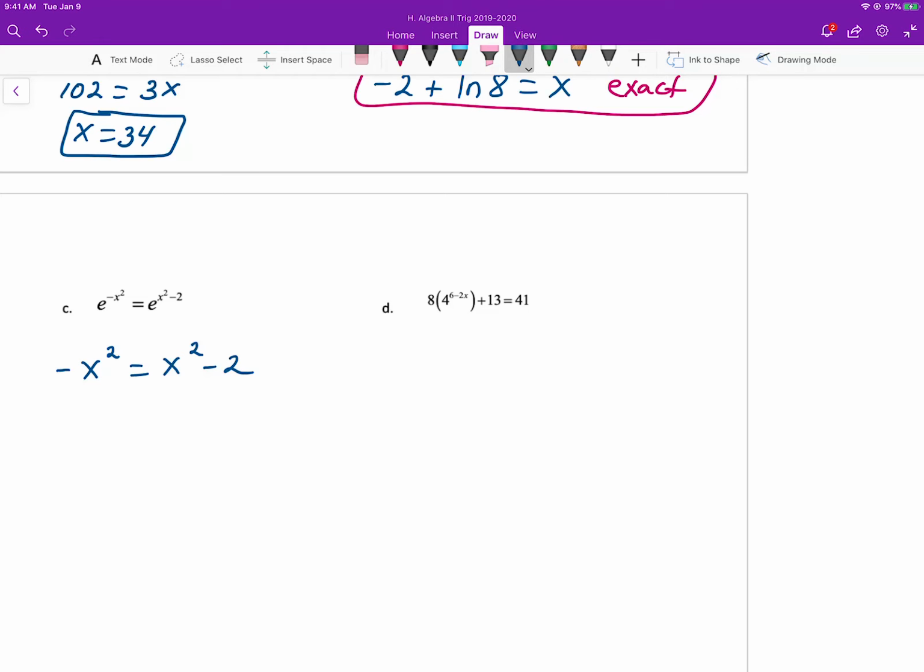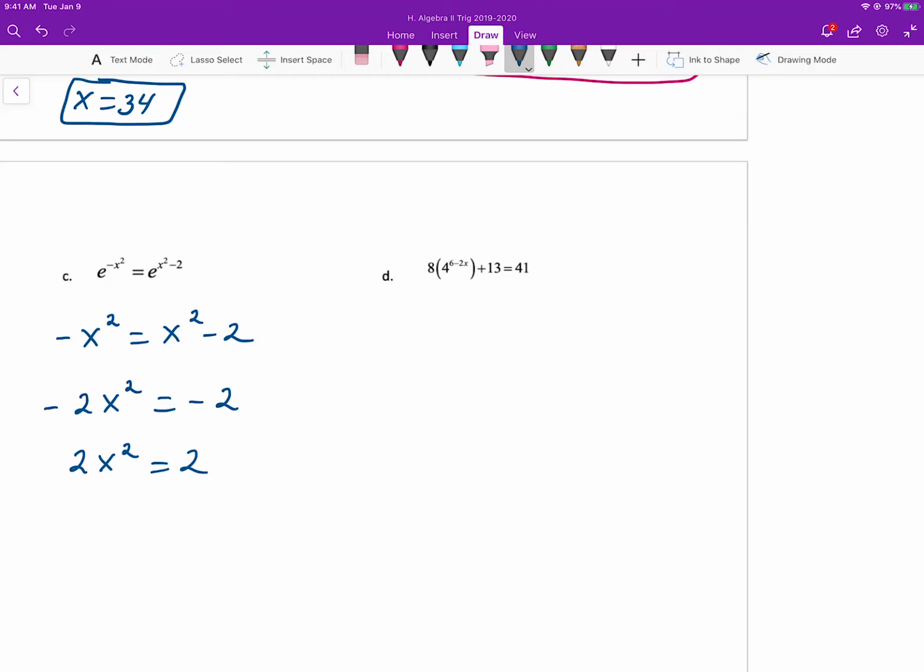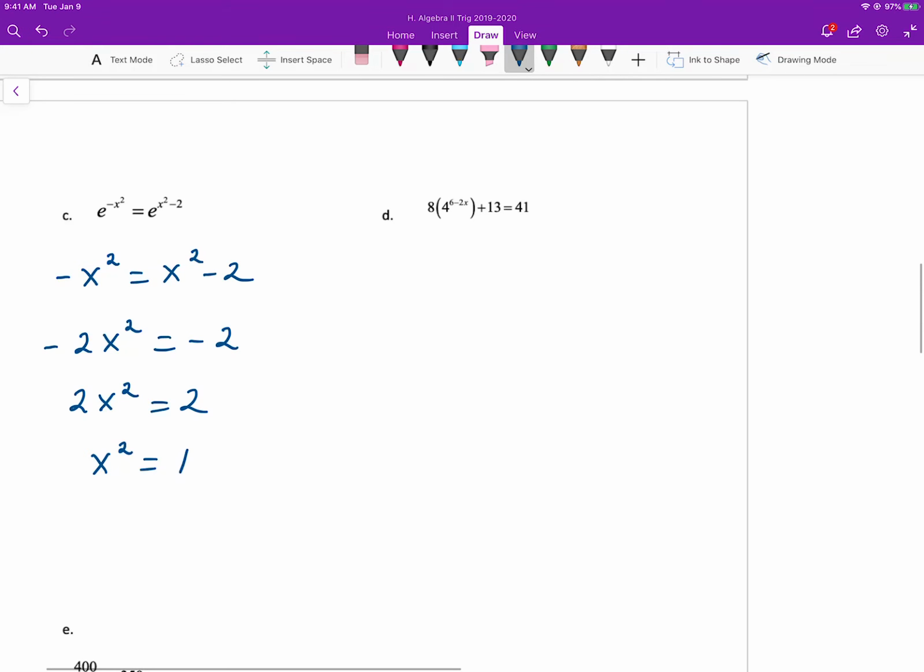We're going to get the x squareds on the same side, so it would have negative 2x squared equals negative 2. And now I'm going to make it all positive: 2x squared equals 2. I divide everything by 2, and I would have x squared equals 1. And then x equals plus and minus 1.